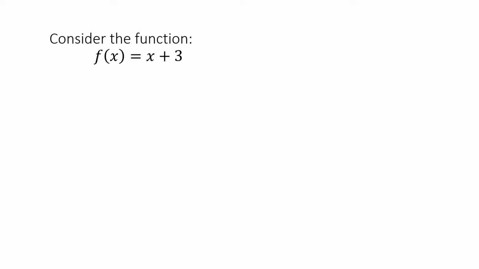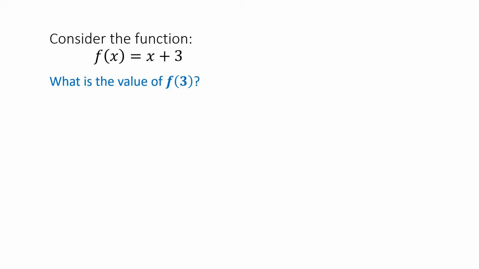Now let us first consider the function f of x is equal to x plus 3. If you could remember, there are different operations on functions, and this time I would want us to focus on the substitution or the evaluation of a function. So if you're asked what is the value of f of 3, it's basically saying evaluating the function at 3, or sometimes we say what is the value of the function at x is equal to 3.